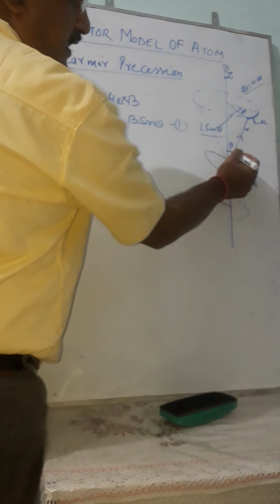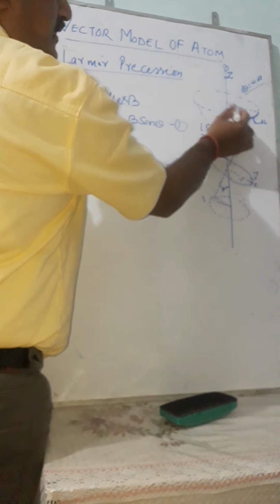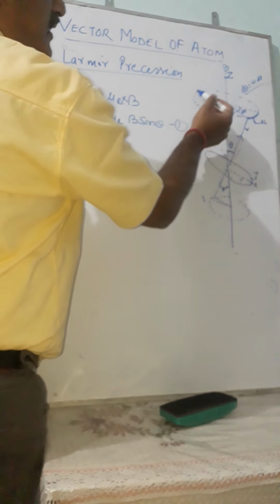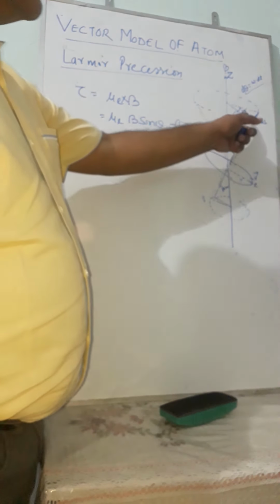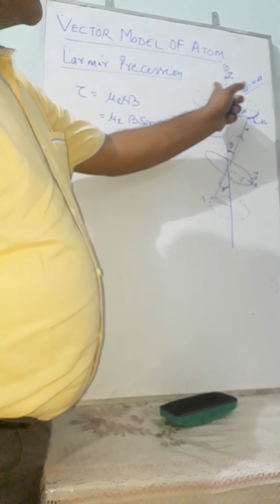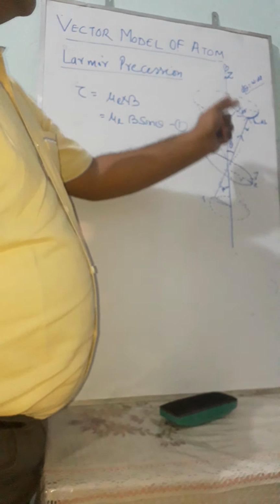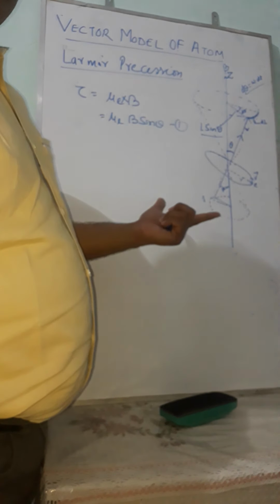If L makes an angle theta with the magnetic field, then L sine theta is the radius on which the tip of the angular momentum starts precessing about this field. This precession of angular momentum about the field direction is called Larmor's precession.